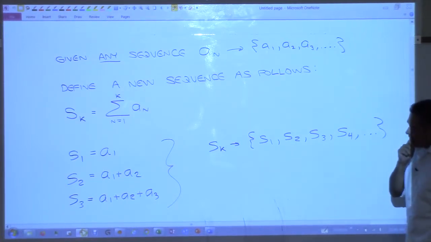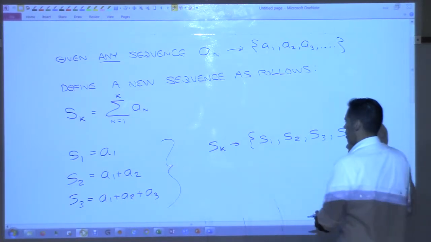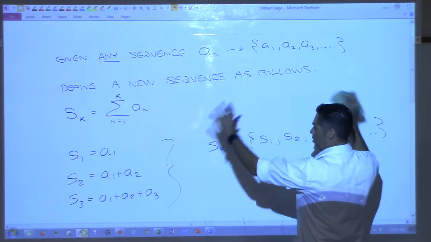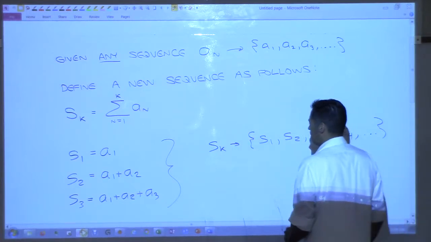So going back to the definition I wrote on the board earlier, this all has to do with partial sums in this new sequence.